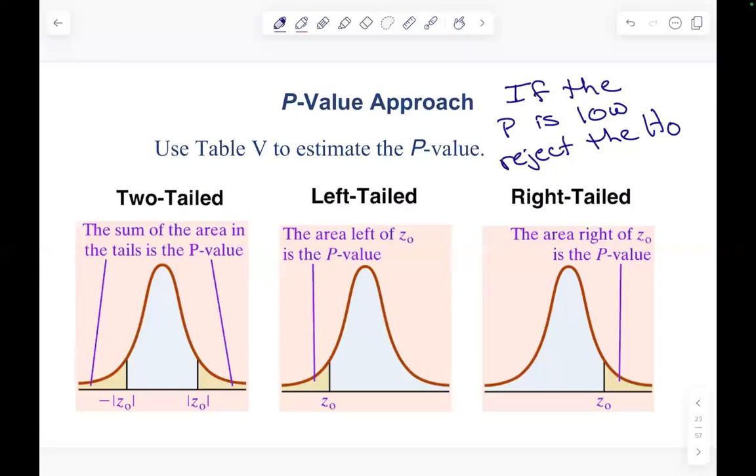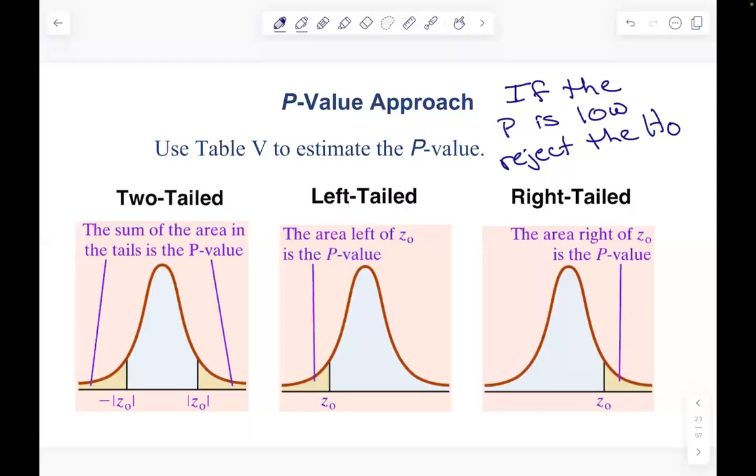Would you repeat what you said about the p-value approach? It's very similar, but we are finding the probability of our value being reasonable based on the alpha. So what we would do is say, given the population proportion that we have and this standard deviation, what is the probability of getting the value that we have?